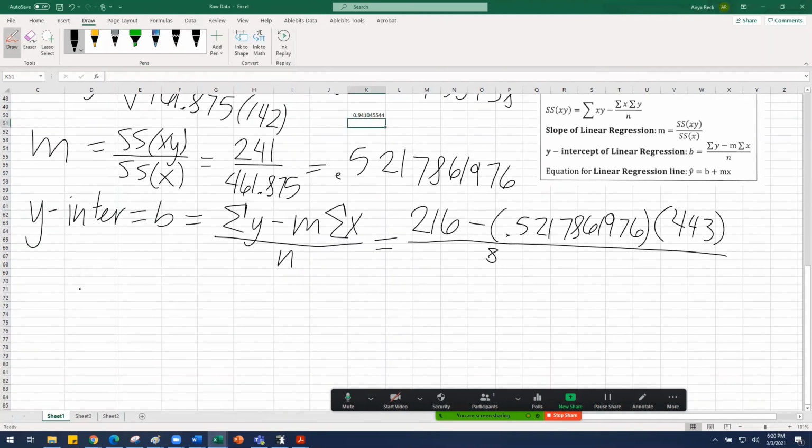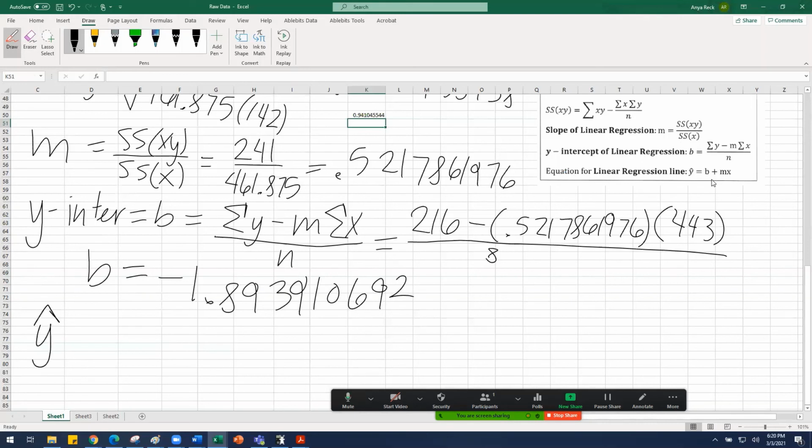So your b value, your y-intercept, came out to be negative 1.8939110692. And then you plug your m and b into the last step, the equation for the linear regression.